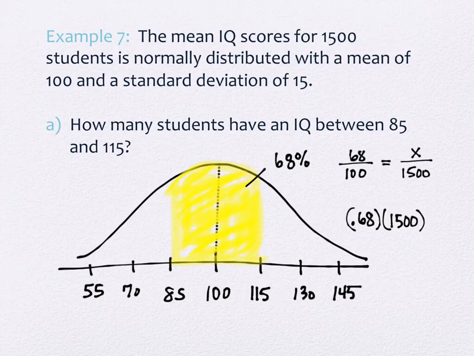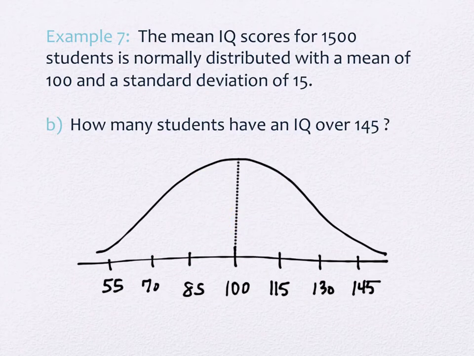You will get the same answer. What value comes out of 68% of 1,500? 1,020, and it's 1,020 what, Mackenzie? Students. Yeah. So bare minimum we would want to write students. There's 1,020 students that fit this category. Is that all right?